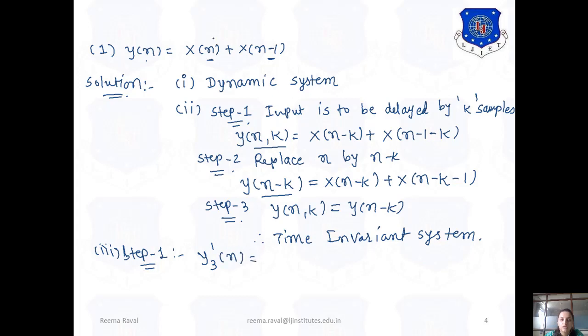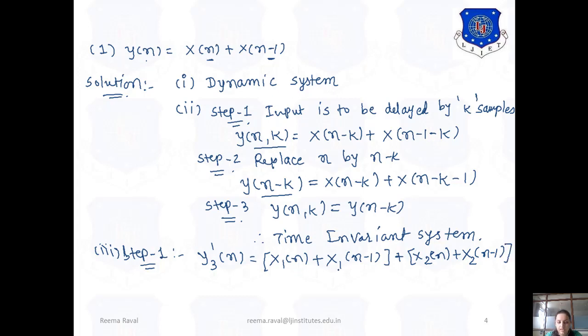Here we consider signal 1, x1 of n plus x1 of n minus 1. Similarly, the individual input signal number 2 is x2 of n plus x2 of n minus 1. So here we have considered two individual input signals.